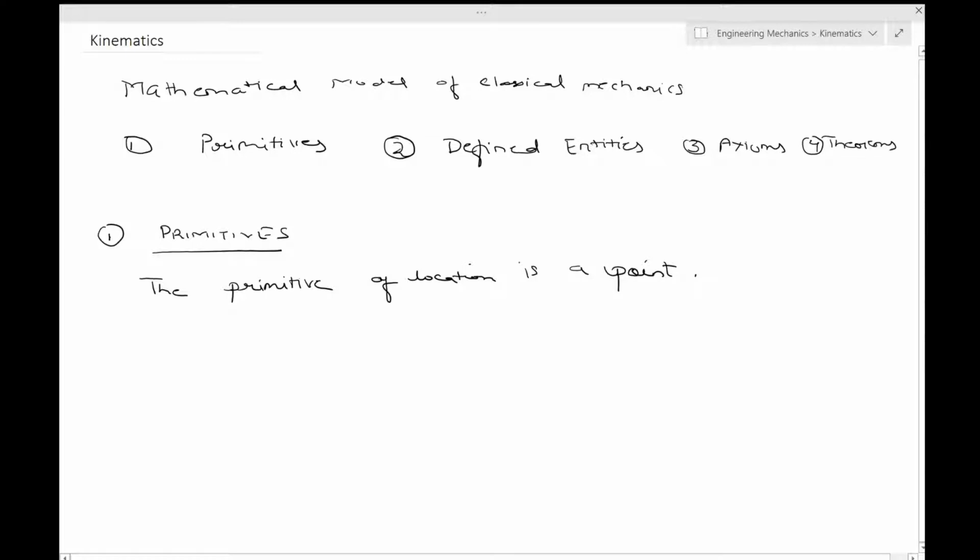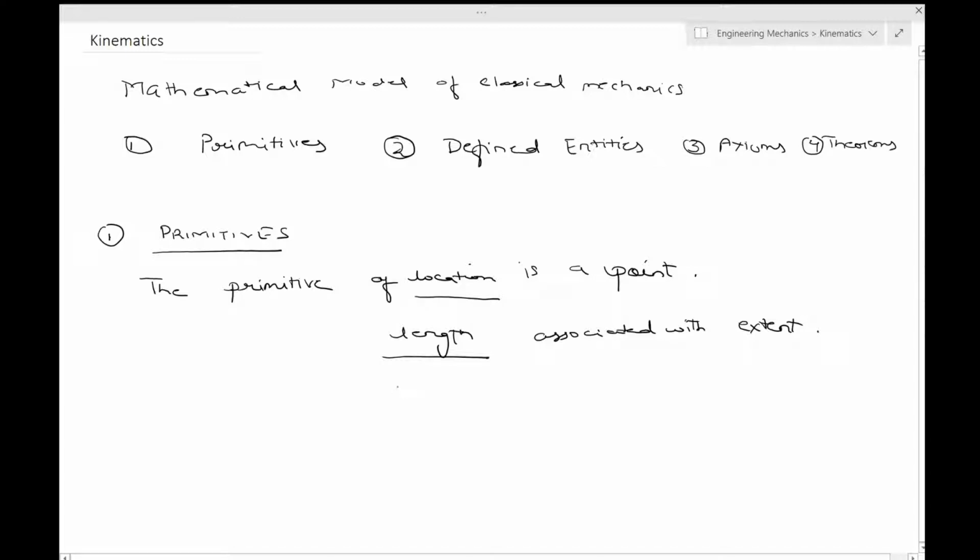Okay, then you have the concept of length. It is associated with extent. Okay, how long or short something is. Okay, so it tells you basically about the size of a body.